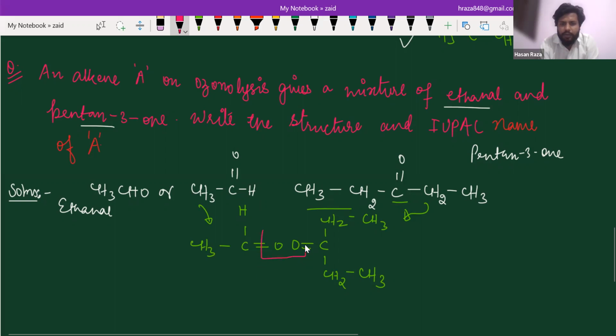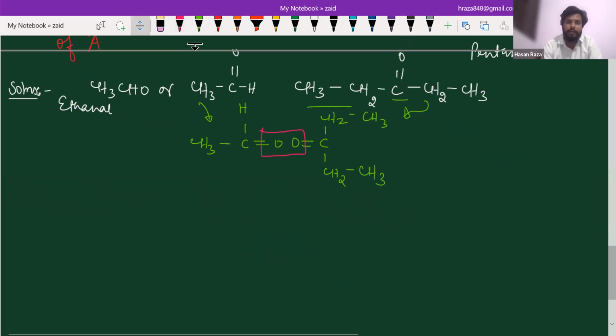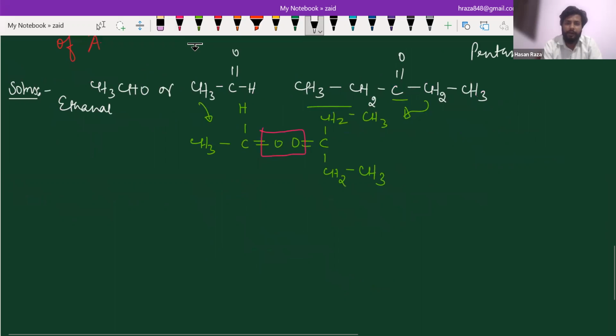Now what you need to do is very simple. Just remove this O2 and combine this C with the double bond, and you will get your product. It will be basically CH3, and then this C is associated with H, with a double bond.